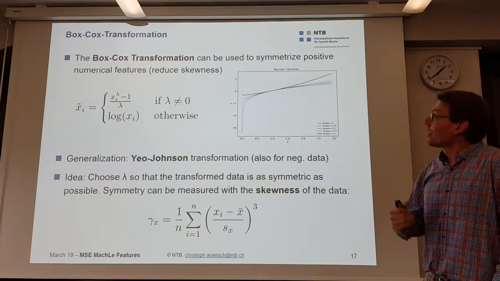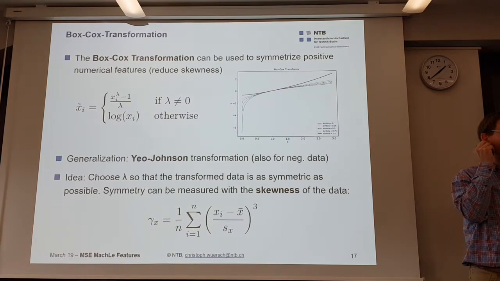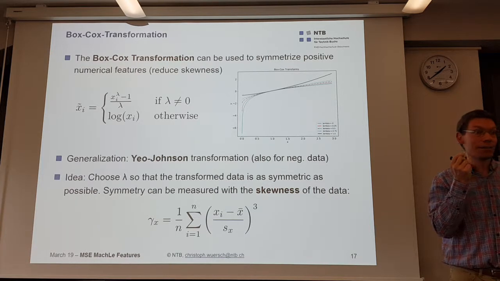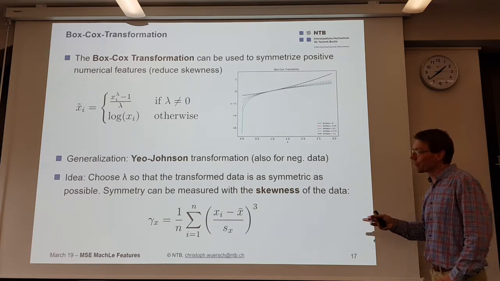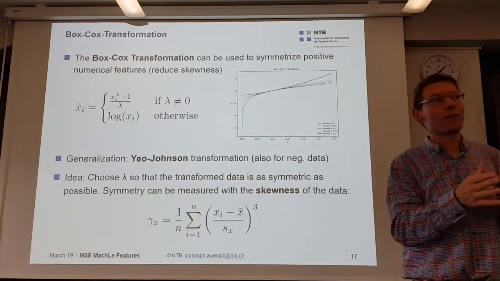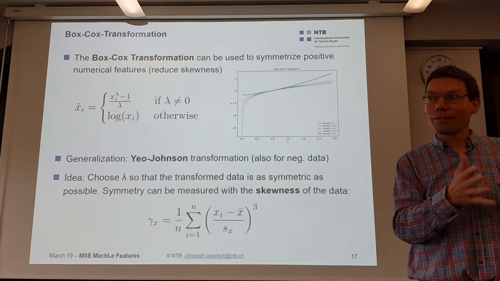Good. Let's look at what we do if we have data that is skewed. Skew means in German schief. If you plot the histogram, it's not symmetric around the mean, but there's an asymmetry.